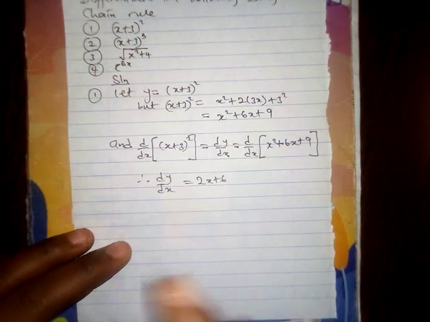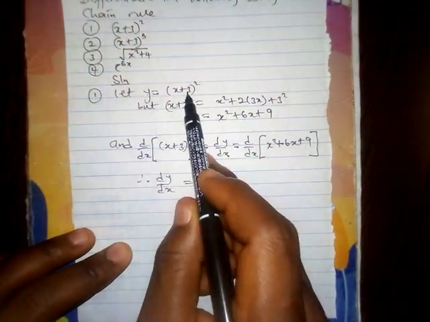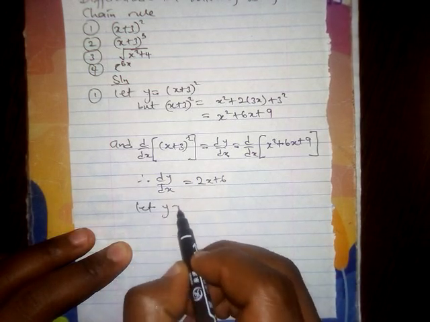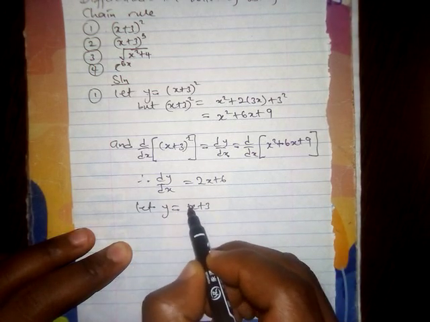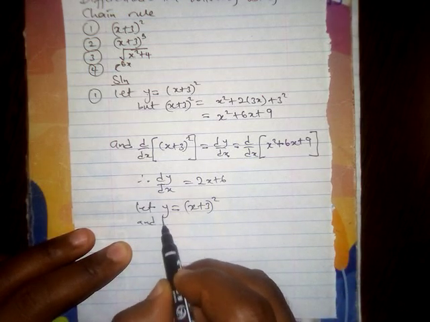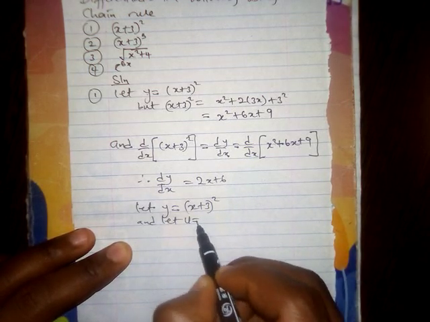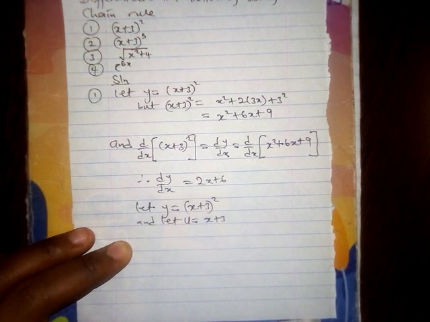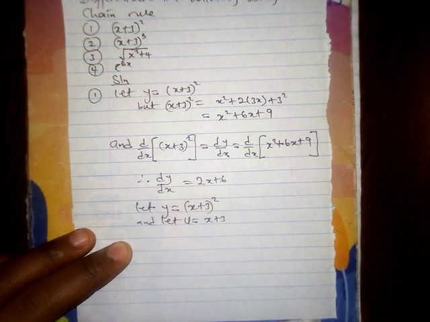As usual, we let y be this. Let y equal (x plus 3) squared, and we also let u be equal to x plus 3, because chain rule is otherwise known as function of a function, a function containing another function.